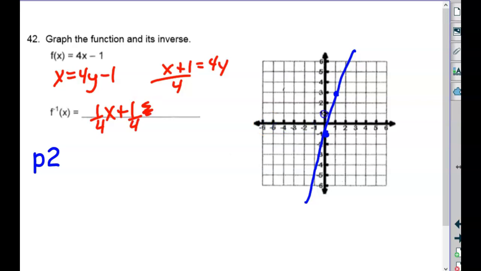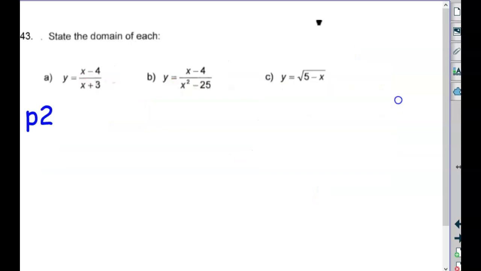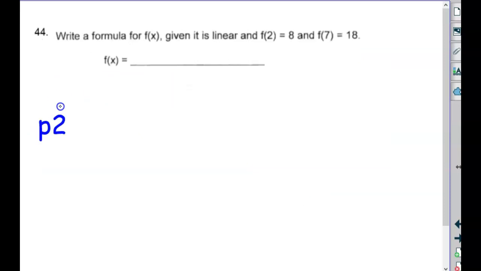Lovely. So it'd start at 1/4 here and go up 1 and over 4. But it would also go through -1, 0. And instead of 1, 3, it would go through 3, 1. So it would be here. I don't think that's on this part of the final. Domain, I don't think you have to know that.